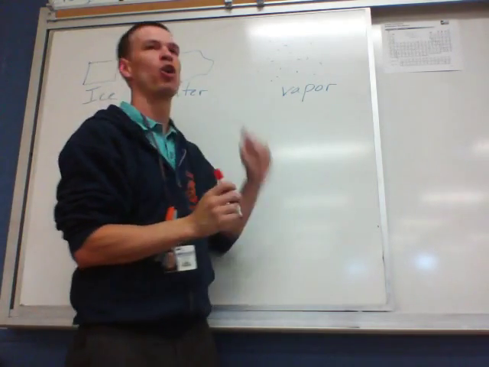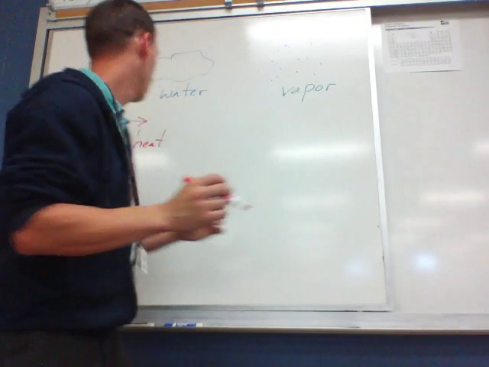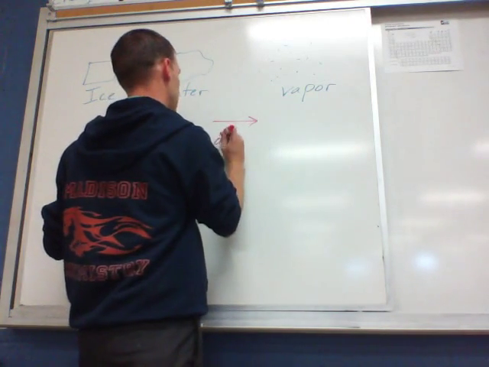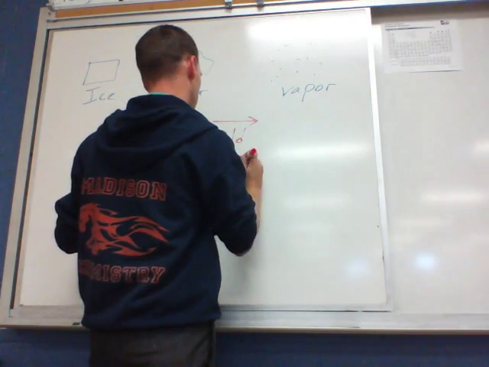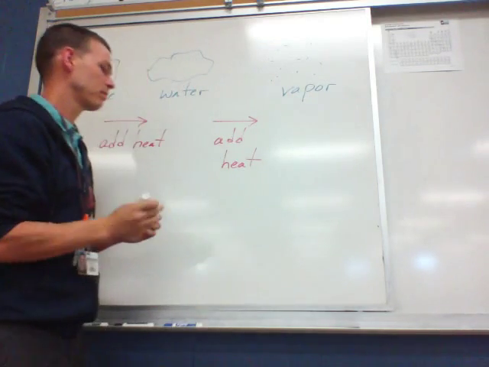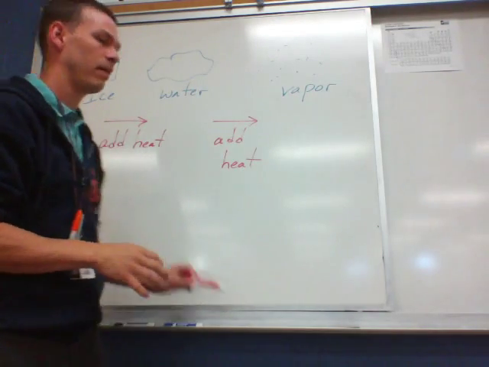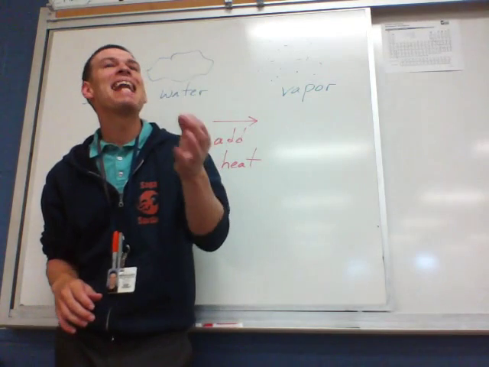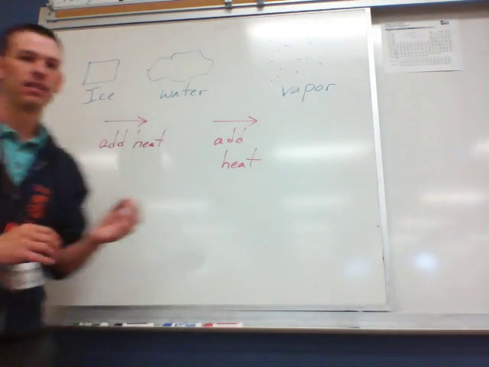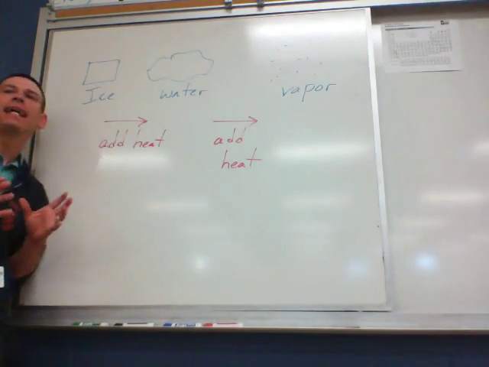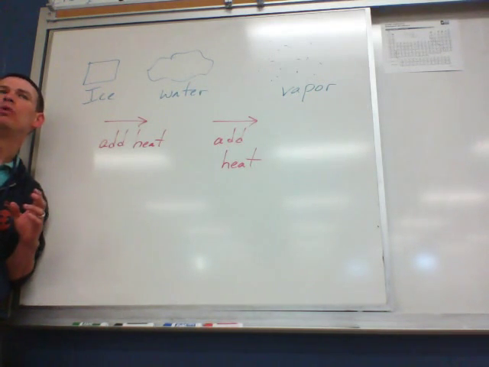How do you make water turn into a gas, turn into vapor? You add more heat. By adding heat, you make the particles move faster.